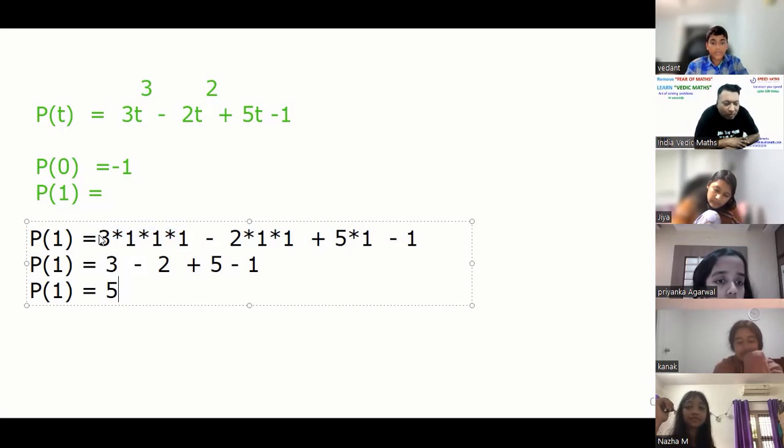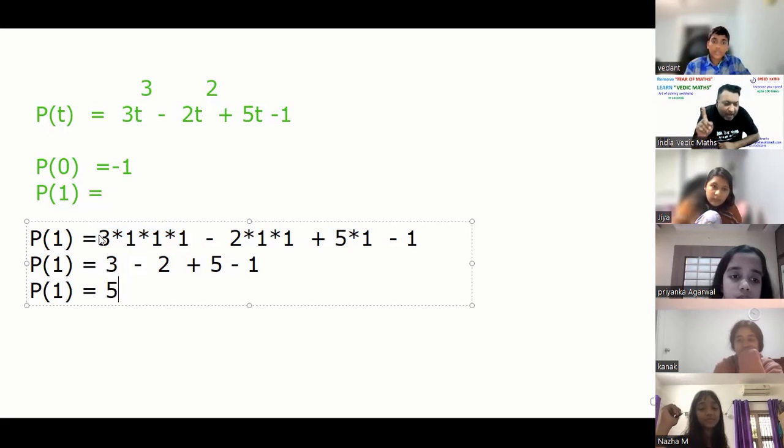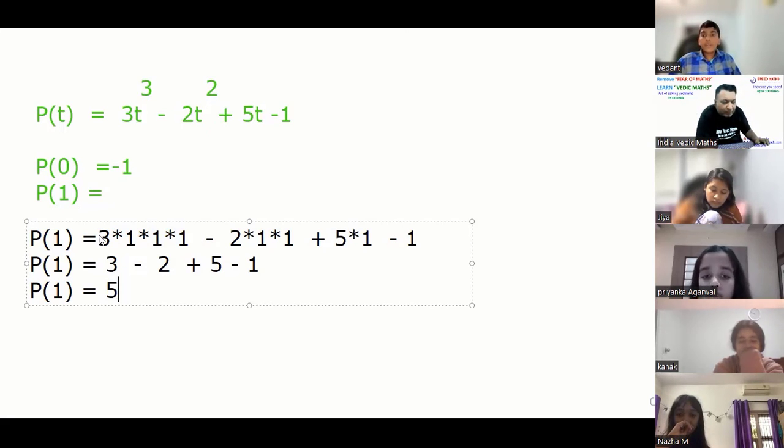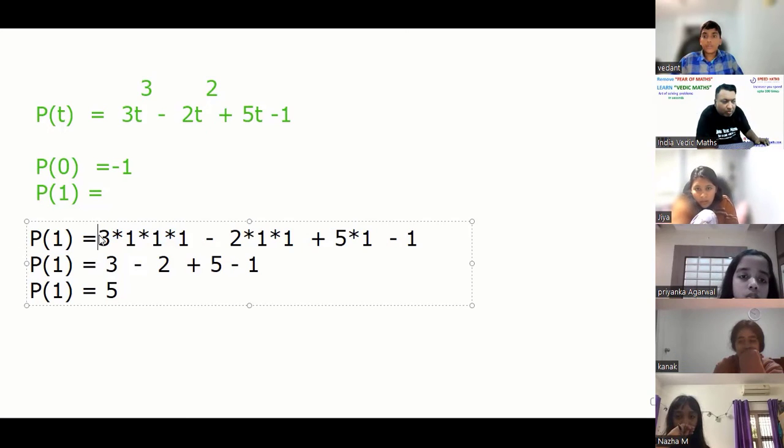Is everyone good now? Jia, Kanak, Priyanka, all good? 100%? Yes, Vedant. If there's a variable and then there's a cubed or squared, do you do it by the variable or the numeric value?